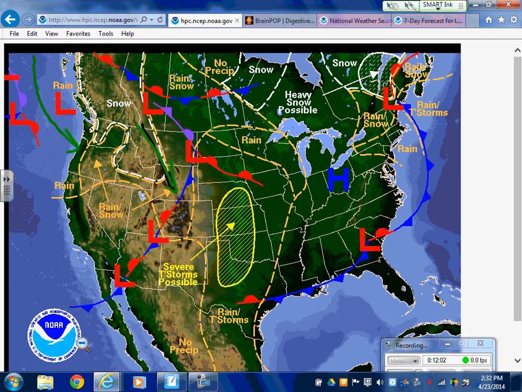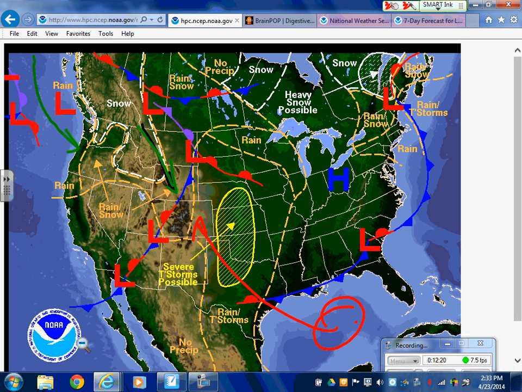Then in the summer, we oftentimes will get these storms that form over the Gulf of Mexico and then come up. What type of air mass is that going to be? If it formed here, maritime tropical. That's pretty good.